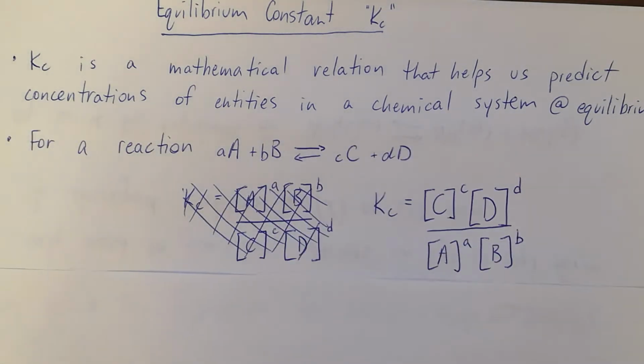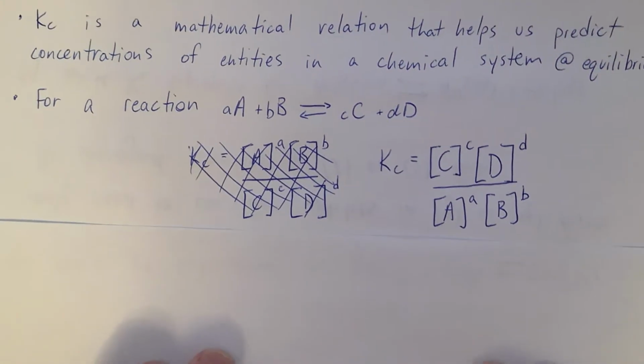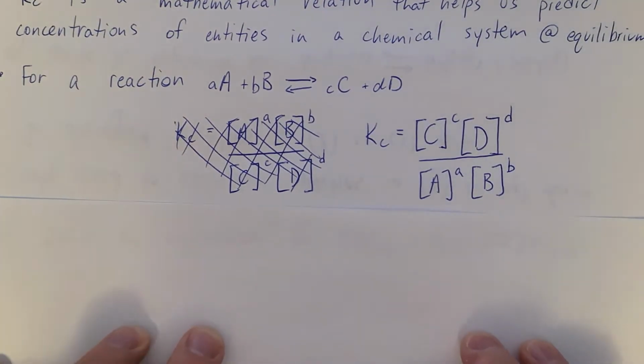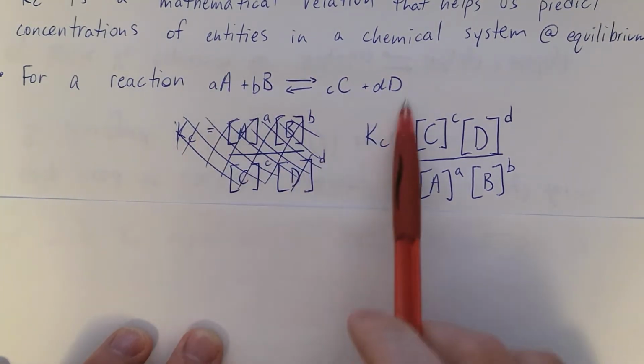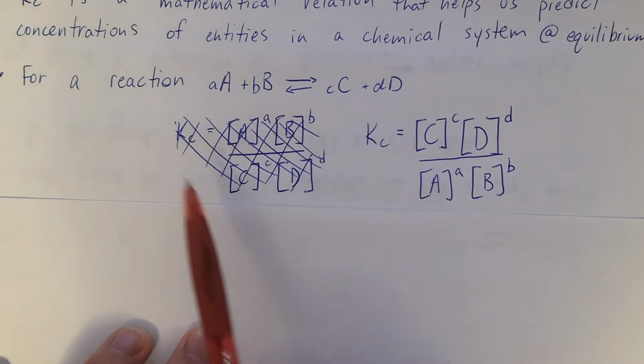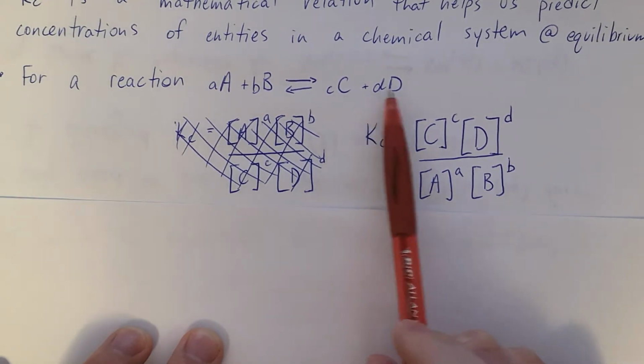Check this out. I already made a big mistake, but I left it in there because students make the same mistake. This is the general form for a reaction, and it may not make any sense until you see a real example, which will come right after. For a chemical system, Kc uses the concentrations of the products.